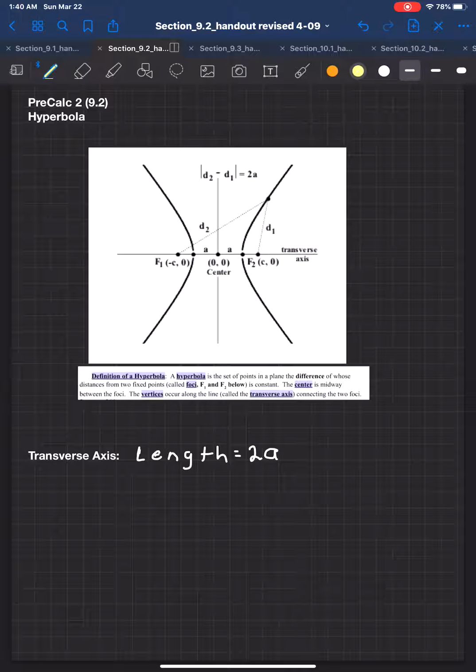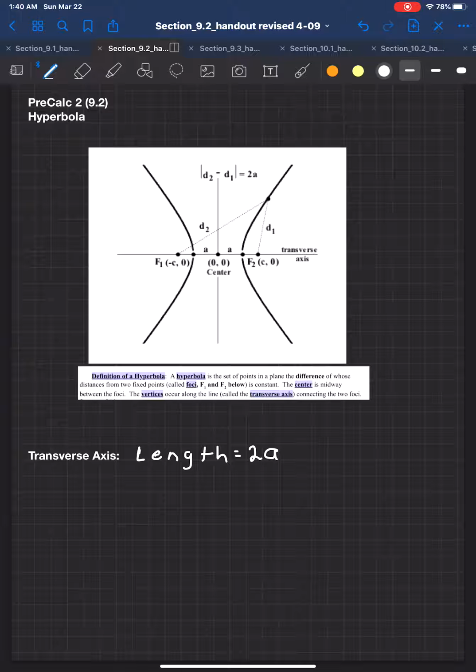So the conic section that we are interested in for this section is what we call the hyperbola. I've put the graph of a hyperbola here in front of you, and you can see that a hyperbola has two distinct or disjoint parts that we call branches.